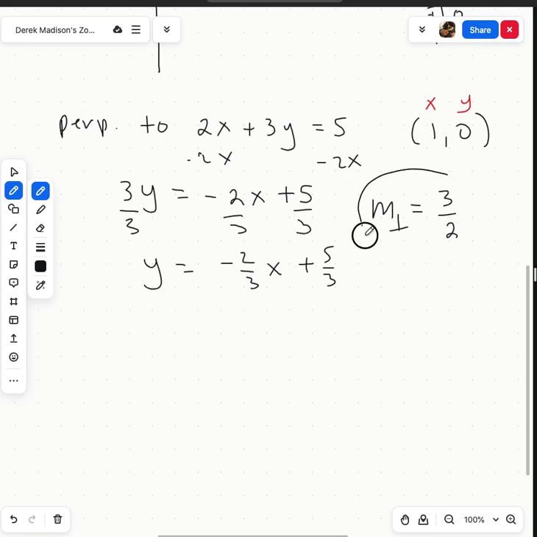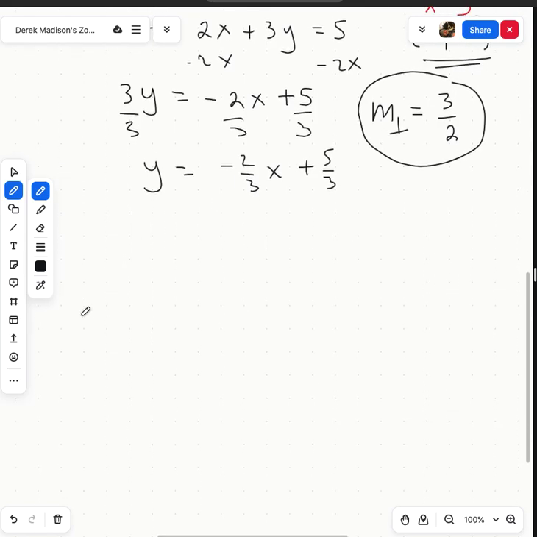So now we have our slope and we have our point, and we can use that to find the equation of the line. Let me scroll this up a little bit so I got some more room. I'll use point slope form, but we could also use this form right here. They would both work.